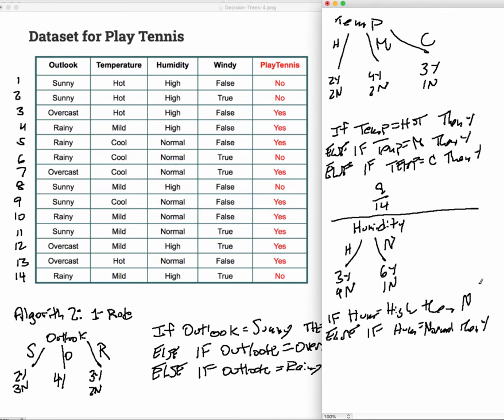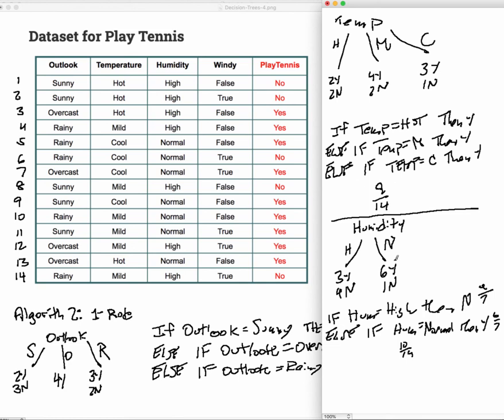This one over here has an accuracy of 4 out of 7. This one over here has an accuracy of 6 out of 7. So 4 plus 6 is 10. So this has an accuracy of 10 out of 14. And this one has the same accuracy as Outlook.